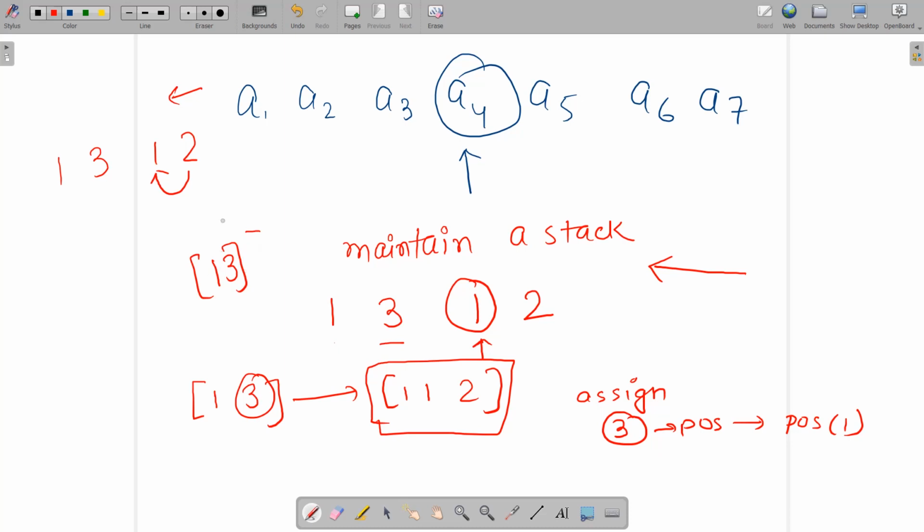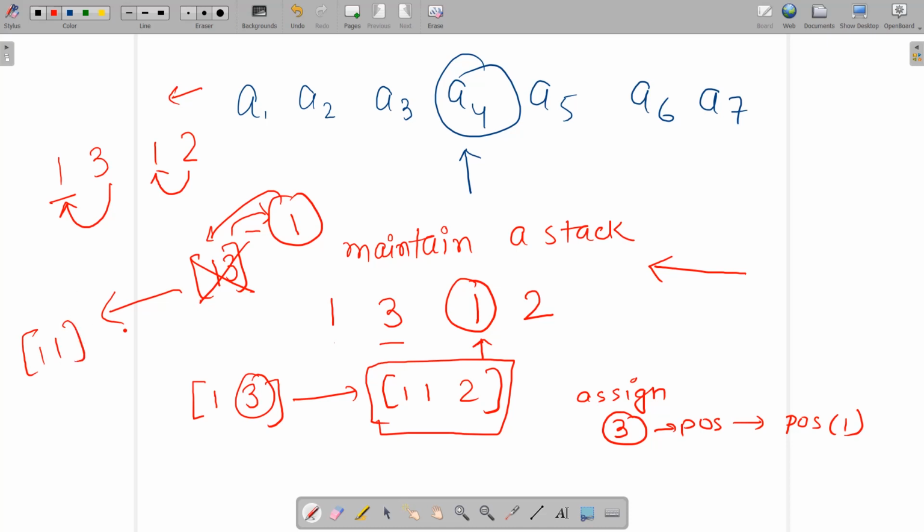So the stack will contain 1 and 3. Now again 1 will come. You can see 1 is strictly less than 3, so 3 will be popped out from the stack, and we will assign 3's next smaller element as 1. And 1 will be inserted back into the stack. So the stack will contain 1 and 1.